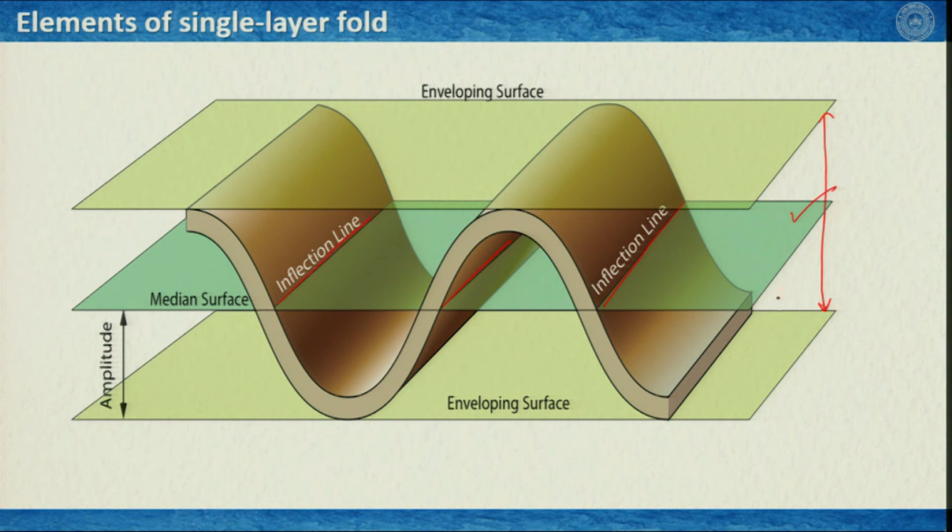The distance from one of the enveloping surfaces to the median surface, this one or this one, is the amplitude. The wavelength is, if I consider this as the hinge point of this antiform, then this is the next antiform and this is the next hinge point. So, the distance from here to here is wavelength.